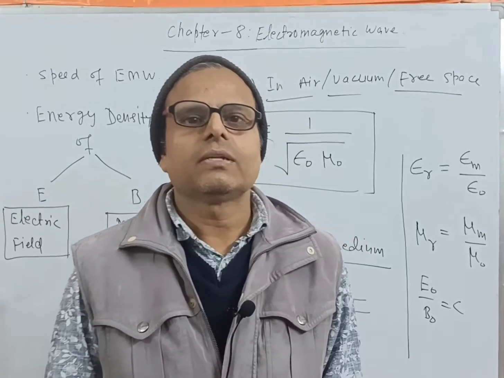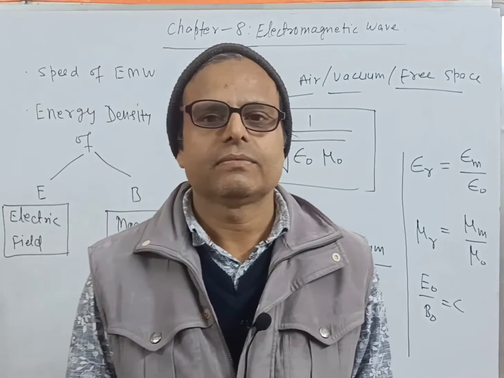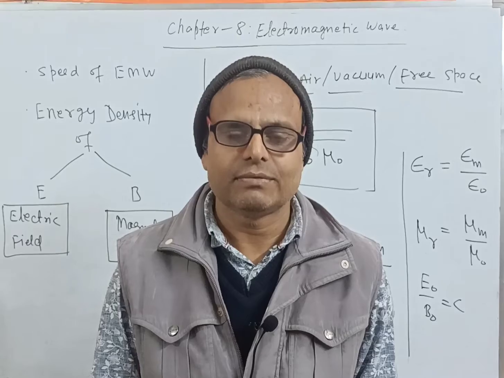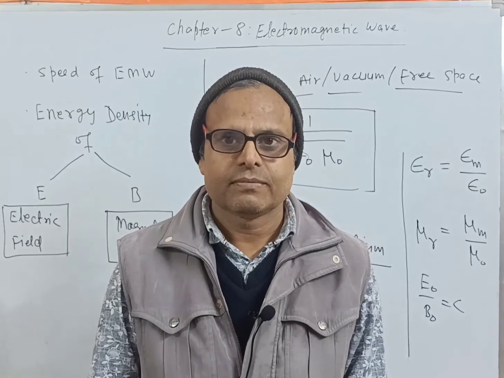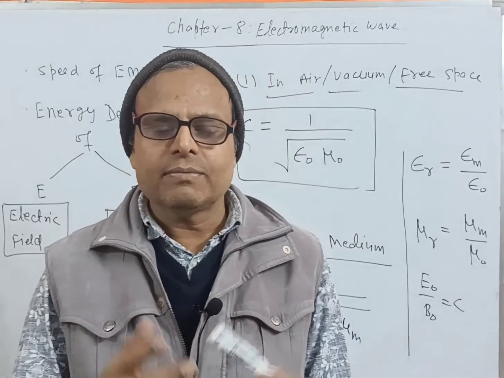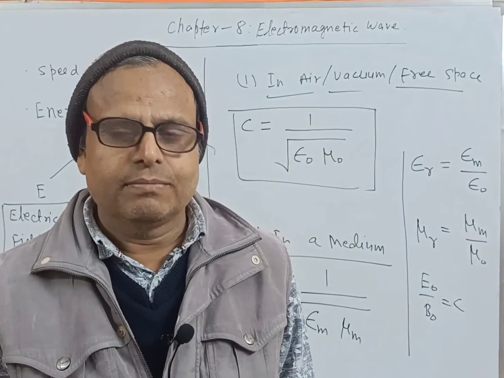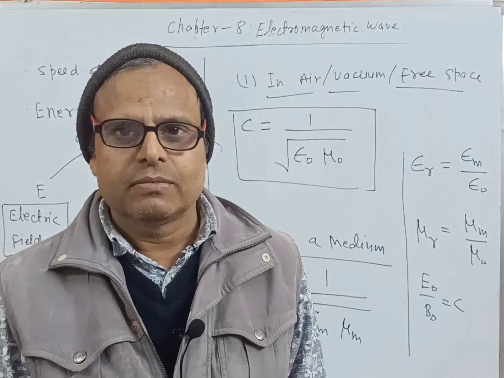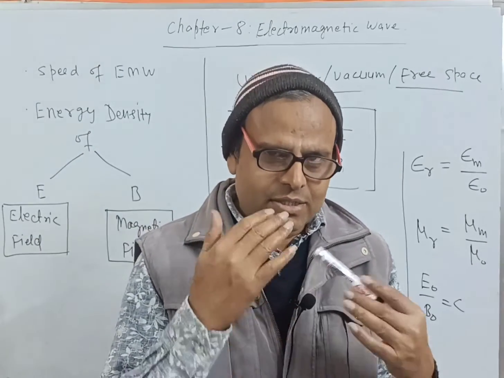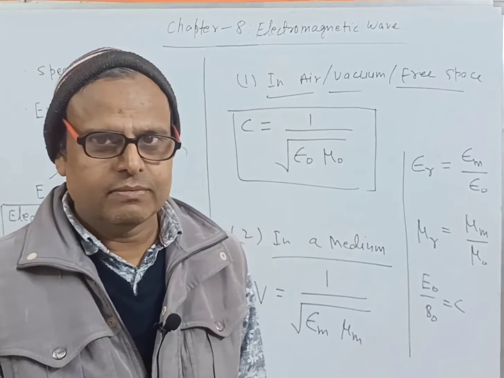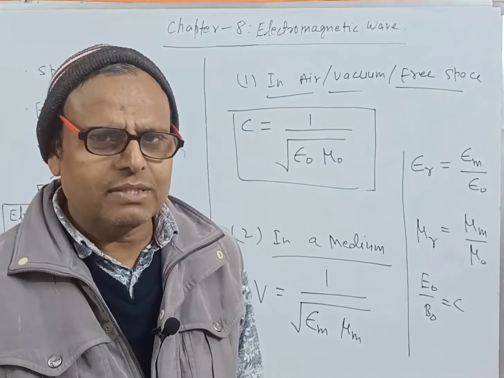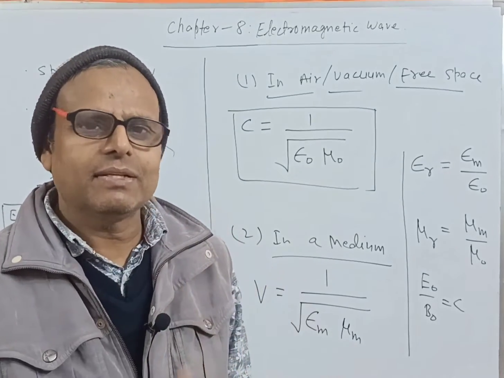So, the energy density of electromagnetic wave means that equal energy per unit volume is distributed, or associated, with electric field and magnetic field.